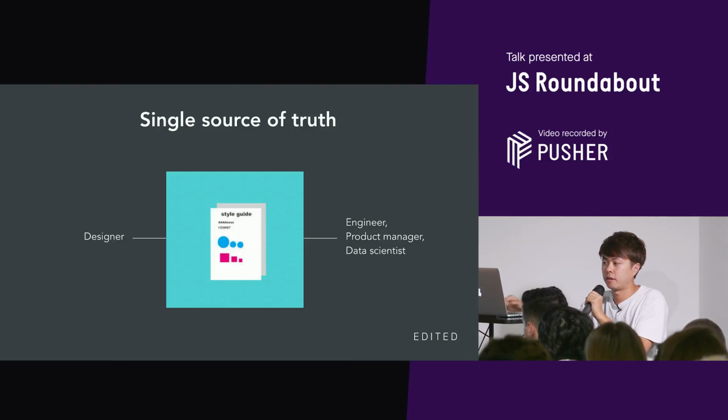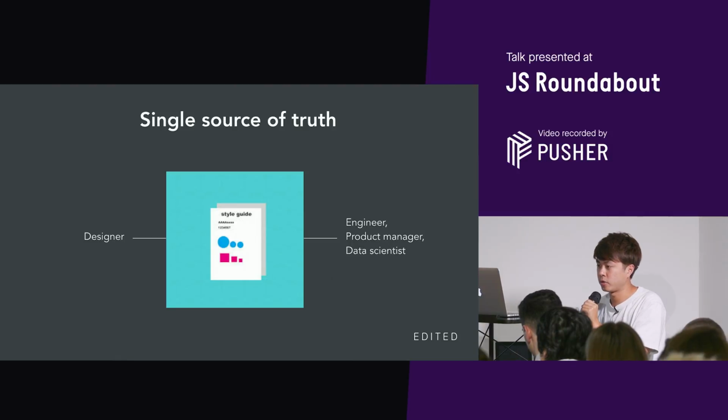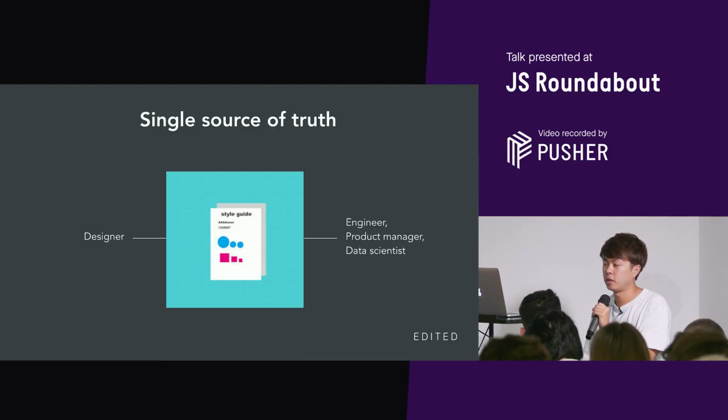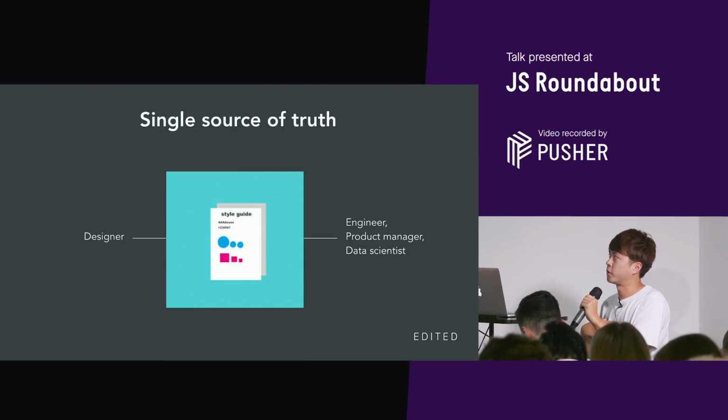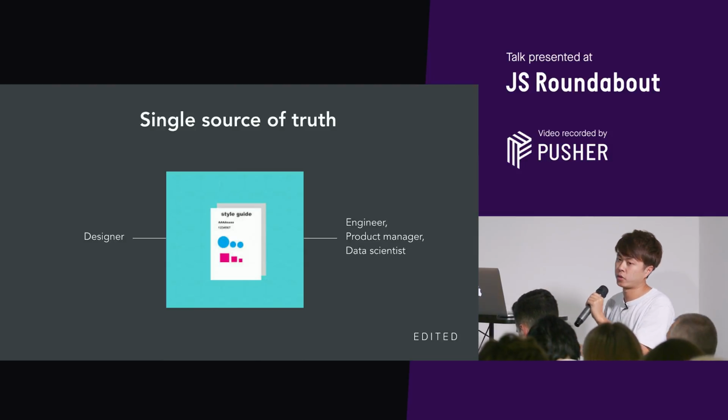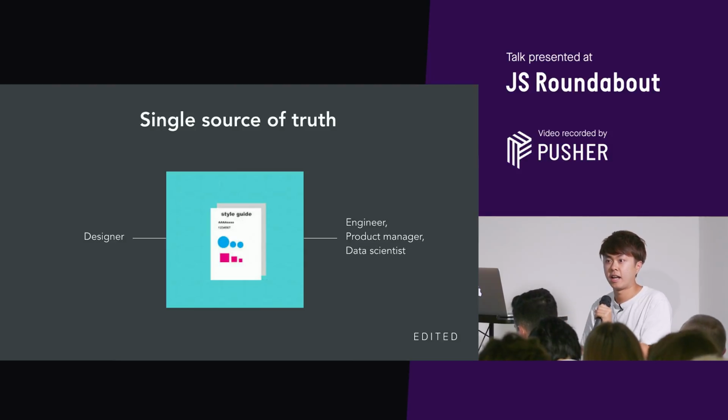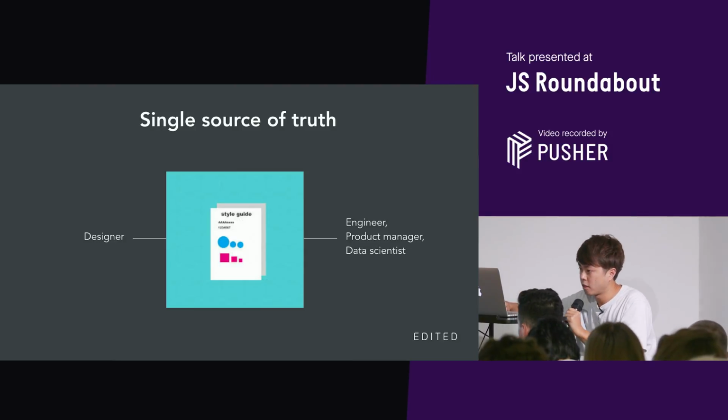Basically, it's a style guide that unifies the experience for designers and developers. It's not just for designers to follow, but also for developers, product managers, and data scientists to understand. For us to build the online style guide, the most important thing is to make sure the developers are happy with it and they can use it.